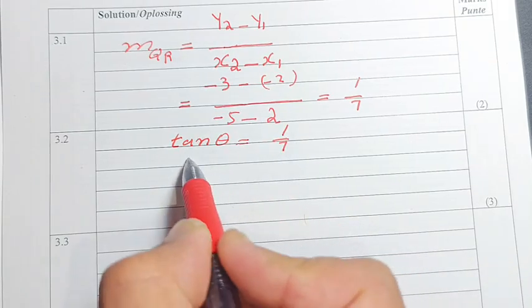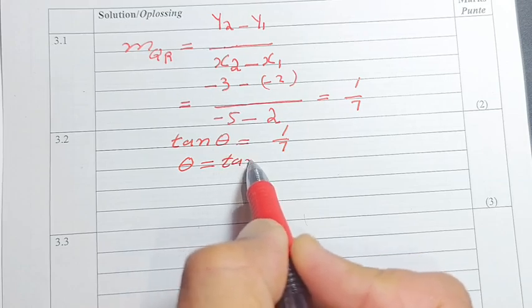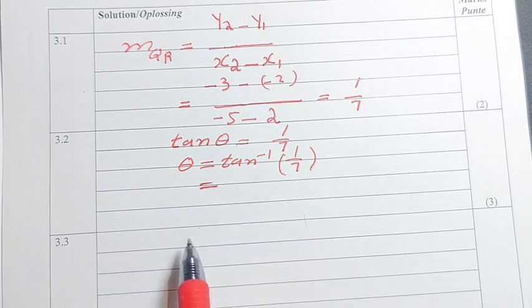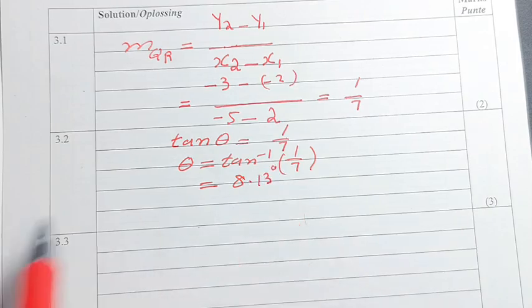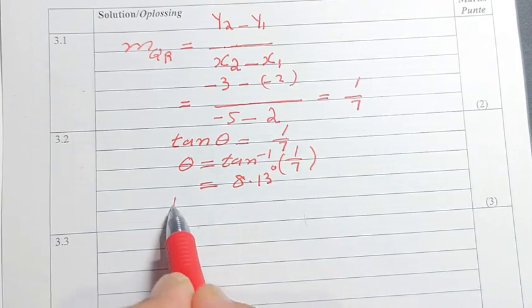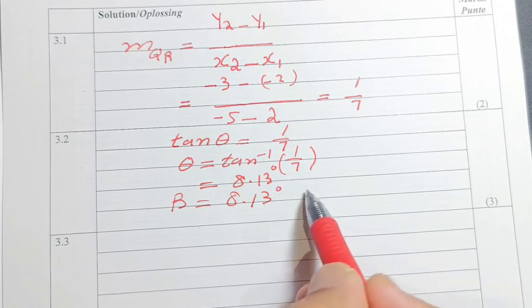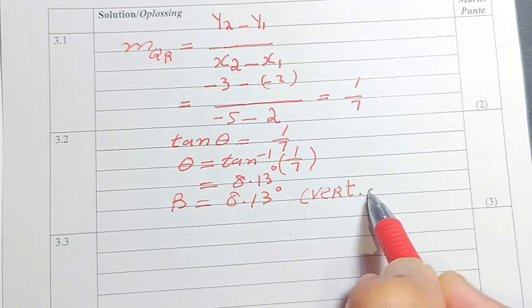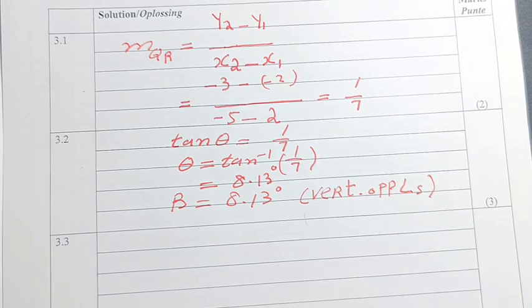Now I need to find theta. That's going to be tan inverse of 1/7. I use my calculator and the answer is 8,13 degrees. Therefore beta is equal to 8,13 degrees, and I give the reason: vertical opposite angles are equal.